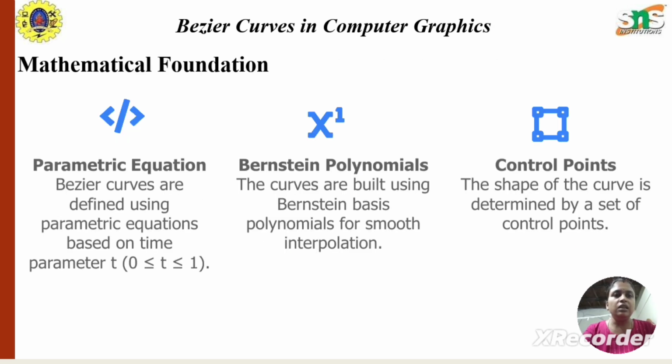So the mathematical foundation of Bezier curves. A Bezier curve is defined using a parametric equation, which is based on the parameter t, where 0 ≤ t ≤ 1. So this continuous equation lies between the values 0 and 1. Bernstein polynomials serve as the basis functions for the Bezier curve.